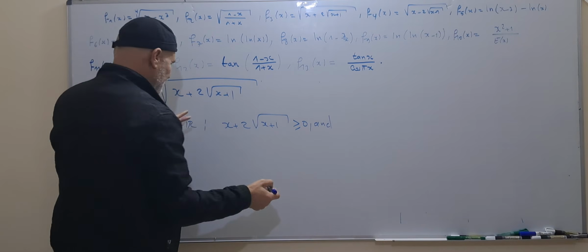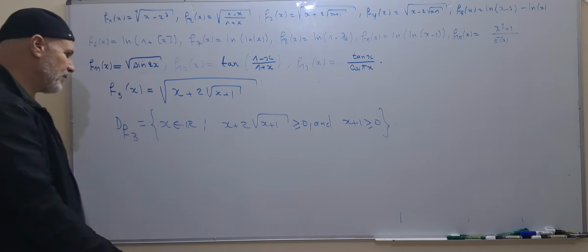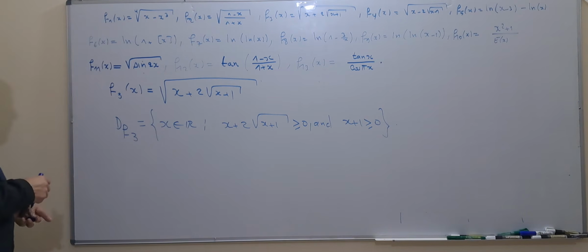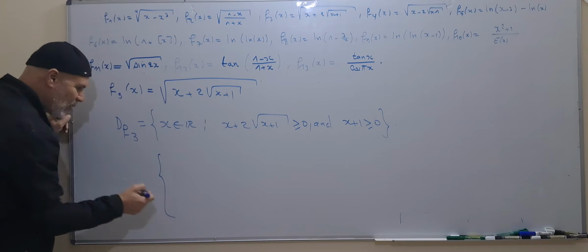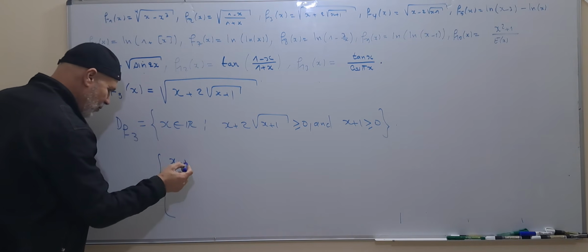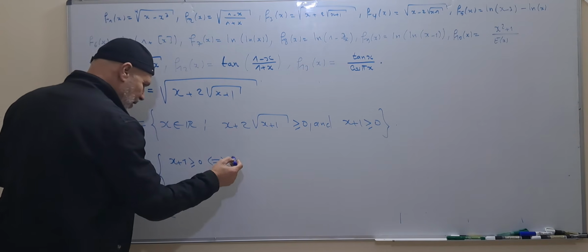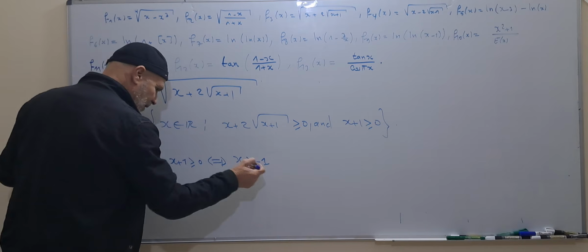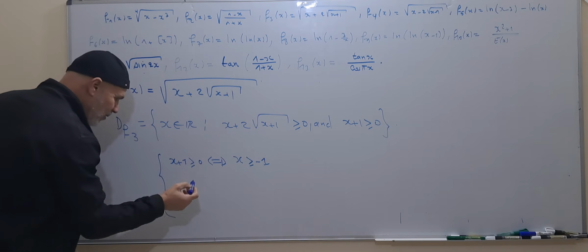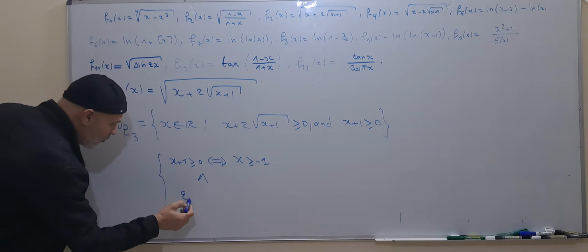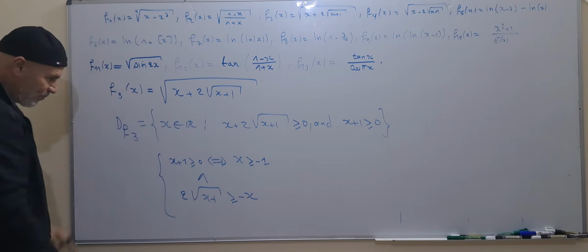We have two things to do at the same time. So we solve here a system. So x plus 1 greater than or equal to 0, which is equivalent with x greater than or equal to minus 1, and second one, 2 plus the square root of x plus 1 greater than or equal to minus x.